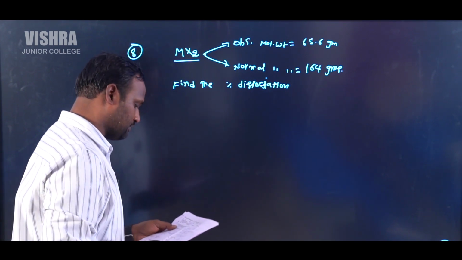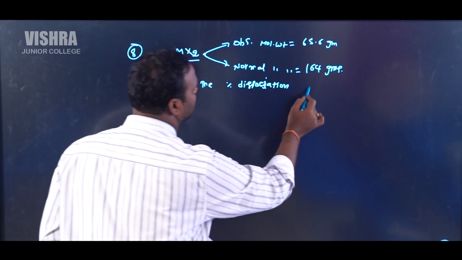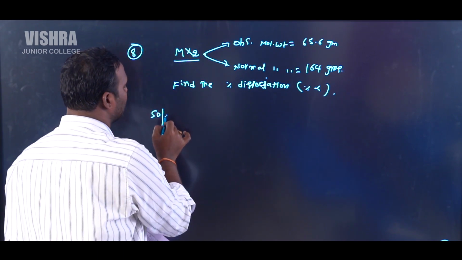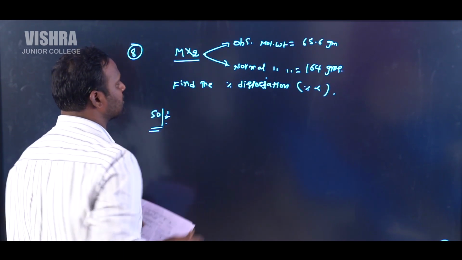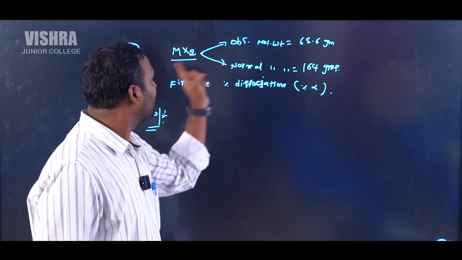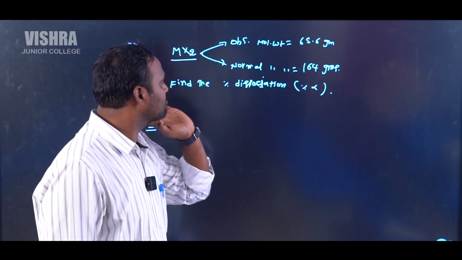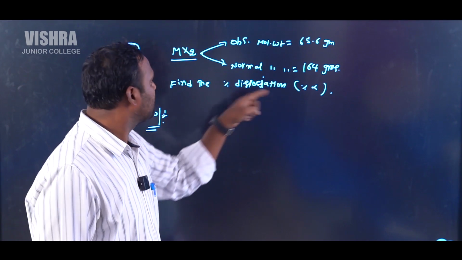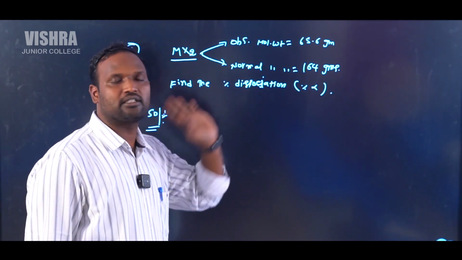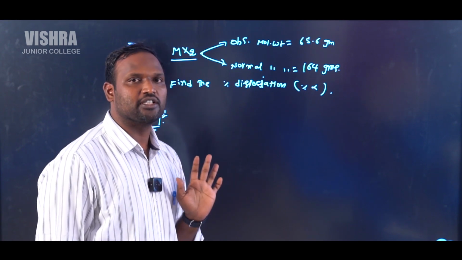Percentage dissociation, alpha. How do we find the percentage of dissociation in this case? You are given the observed molecular weight of MX2 as 65.6 grams and the normal molecular weight of MX2 as 164 grams. We have to find the percentage of alpha, or dissociation.